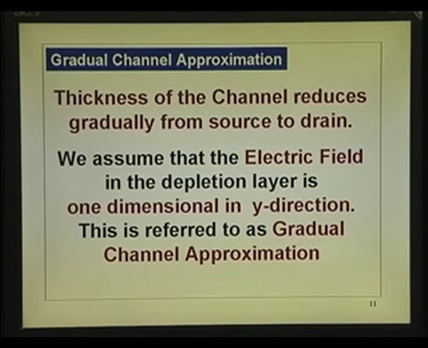Thickness of the channel reduces gradually from source to drain. We assume that the electric field in the depletion layer is one dimensional in the y direction. This is referred to as gradual channel approximation. That was what Shockley did, a very clever thing at the time. If I started with two dimensional analysis, I think nobody would have understood the JFET or MESFET. So, that is the point.